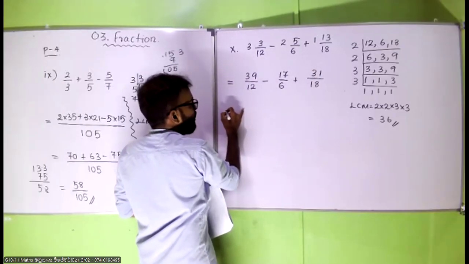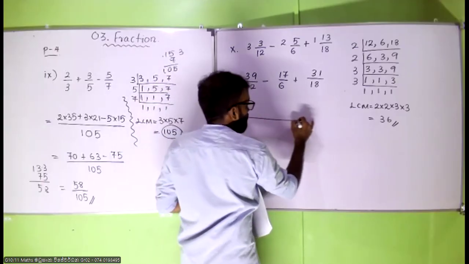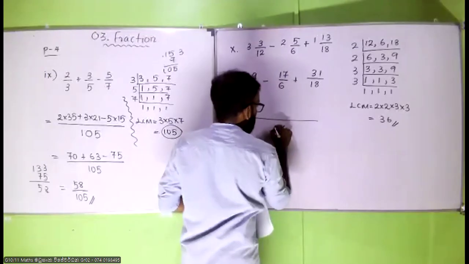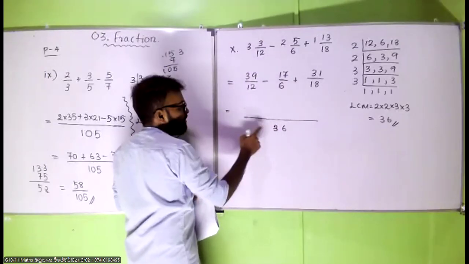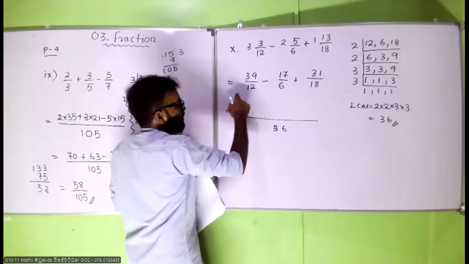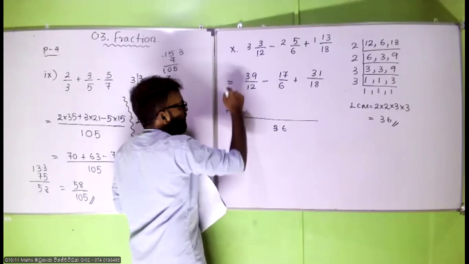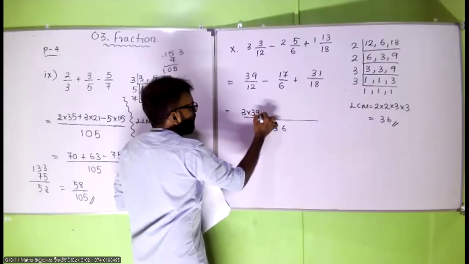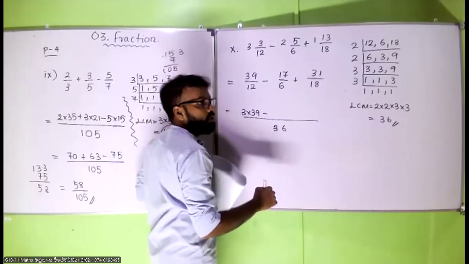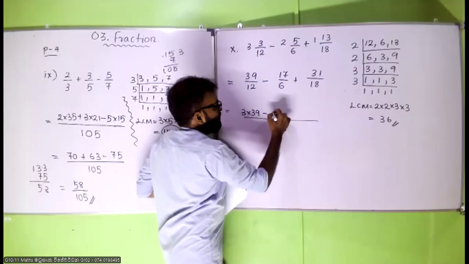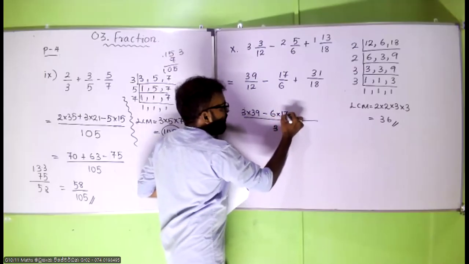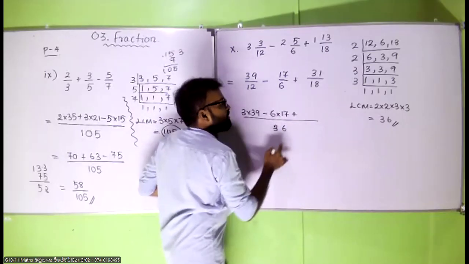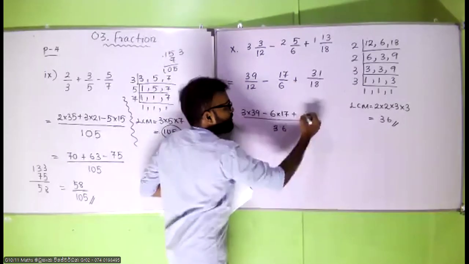Right. So you know the common denominator is 36. How many 12s are there in 36? 3. 3 times 39. How many 6s are there in 36? 6. 6 times 17. Plus. How many 18s are there in 36? 2. 2 times 31.